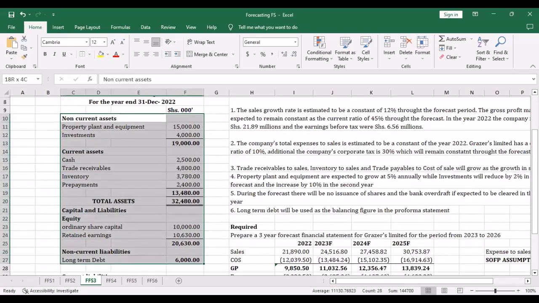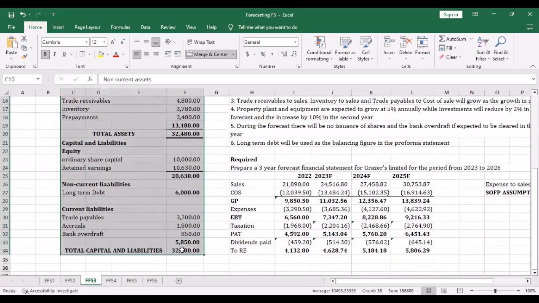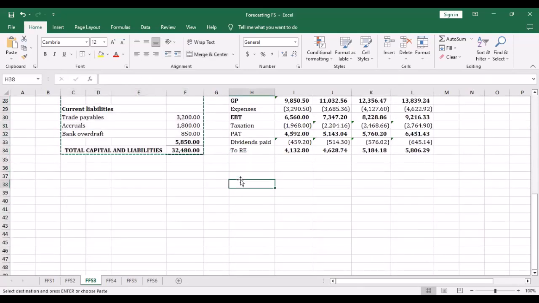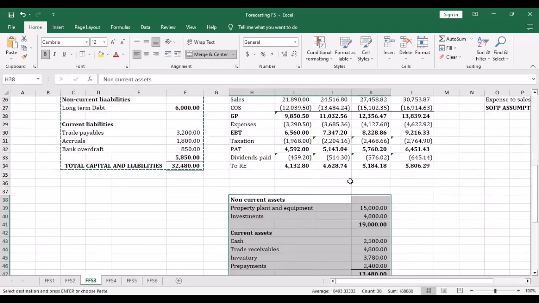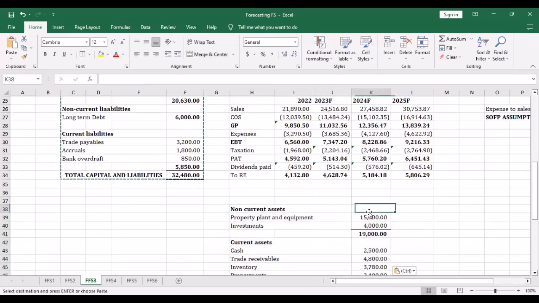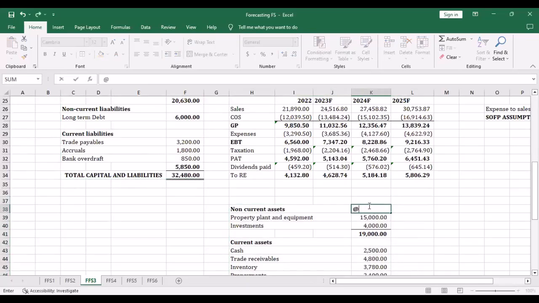So we'll use the 2022 one. Control C, Control V. So this one is the 2022 actual, then 2023 forecast, 2024 forecast, 2025 forecast.